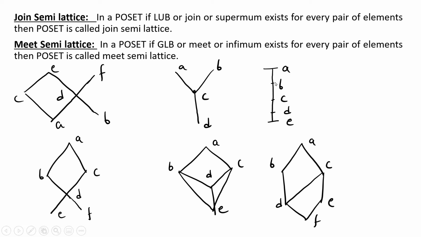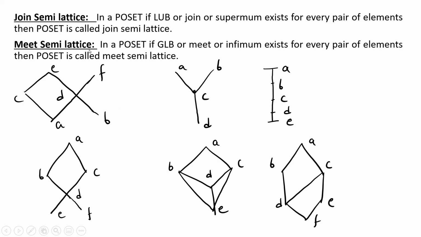So this is a join semilattice. This is also a join semilattice because for every pair we have an upper bound and a least upper bound also. So this is a join semilattice. Then this is also a join semilattice. Then this is also a join semilattice.